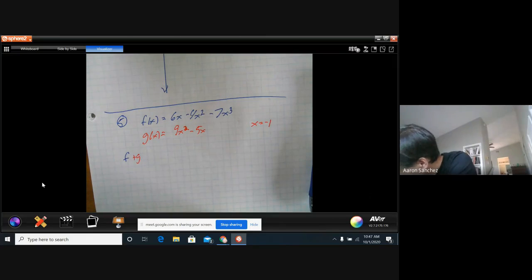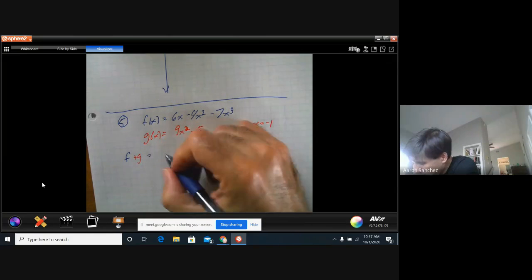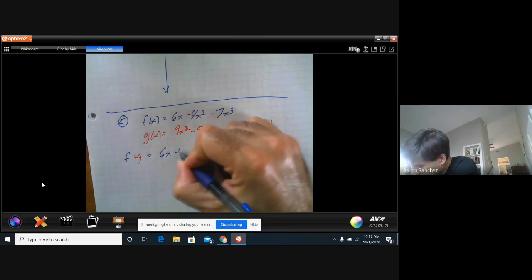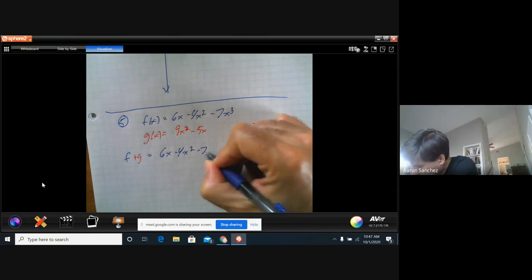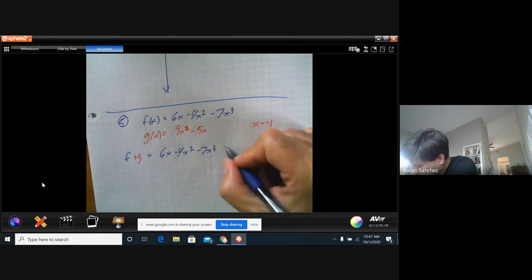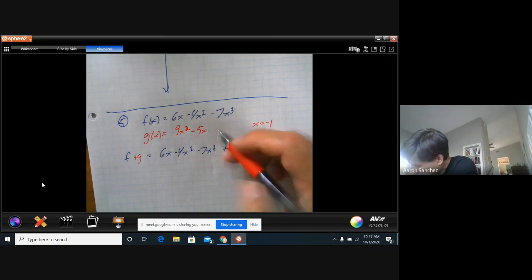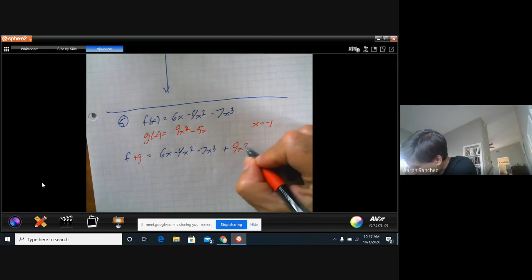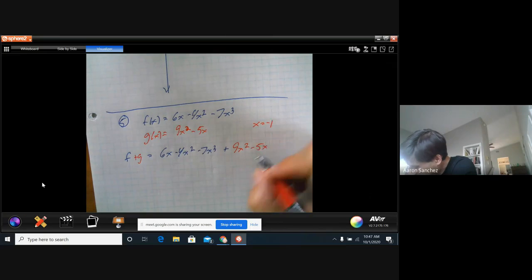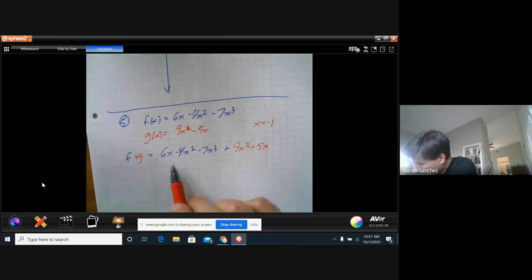Okay. So f plus g. Let me know if I'm going too fast, but I just want to blow through this so you guys can do this on your own. Plus 9x squared minus 5x. Okay, I'm just going to add these, and I want to put it in order.